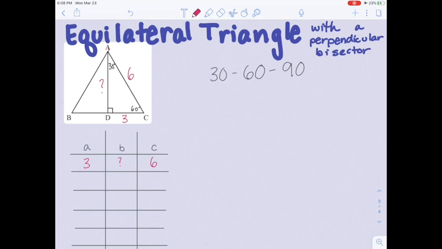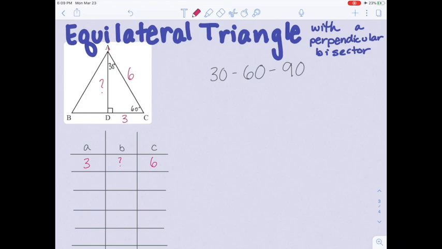Going back to the triangle inequality theorems from our triangle chapter, the side opposite the smallest angle is always the smallest side, the side opposite the largest angle is always the largest, and the side opposite the middle angle is always the medium length side. So our question mark is going to be somewhere in between 3 and 6, but just how big is it going to be?